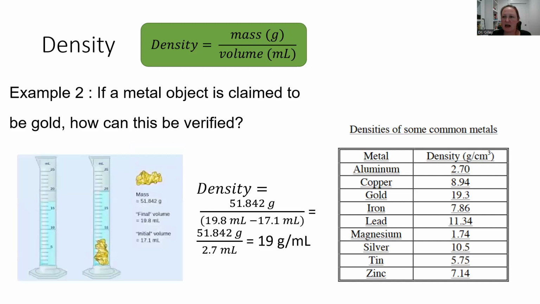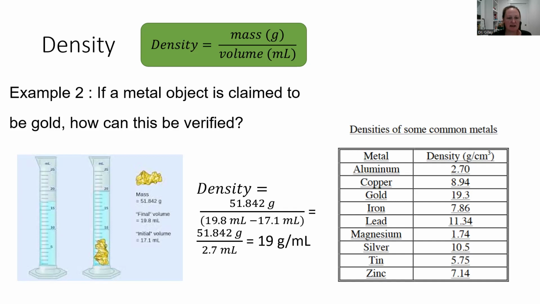So we would typically get a graduated cylinder, fill it to some volume with water, record that initial volume, add in the metal object, and then record the final volume, right? And then the volume of the object is the final volume minus the initial volume, or the displacement of the water.